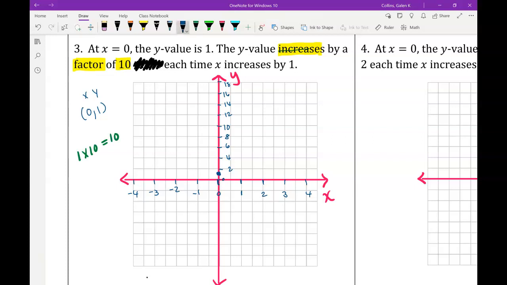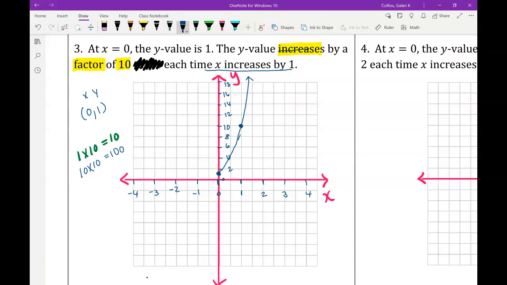So for my next point, as I move over 1 on my x-axis, because I'm told x is increasing by 1, my y values are going to get multiplied by 10, so I will have a point up here at 1, 10. But then if I move over one more, well, 10 times 10, that's 100. There's no way this is going to fit on this graph. So what I just have to know is what this curve looks like, that it's very steep, and that it's going to get steeper very quickly, because that's what the steep part of an exponential curve does.